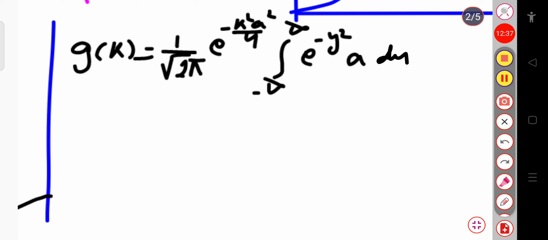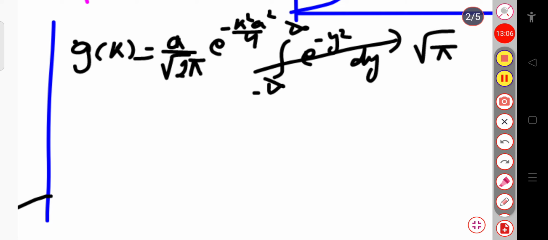Since this a is also a constant, I can take it out of the integration. Now we can write this as dy, and this a is outside the integration. Here you know the total value of this integration, exponential minus y square dy over minus infinity to plus infinity, this gives root over pi.